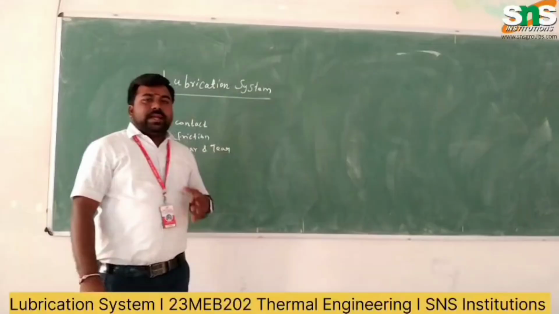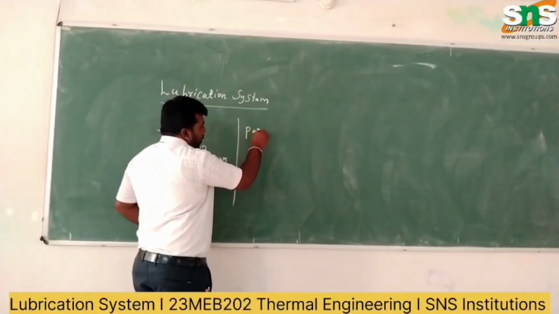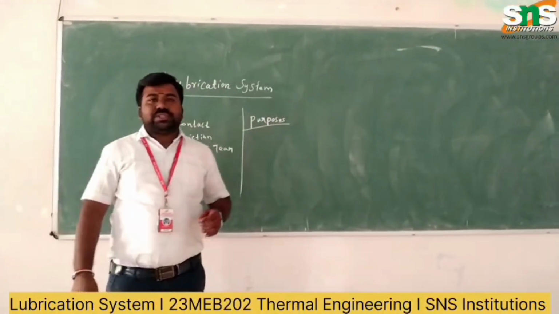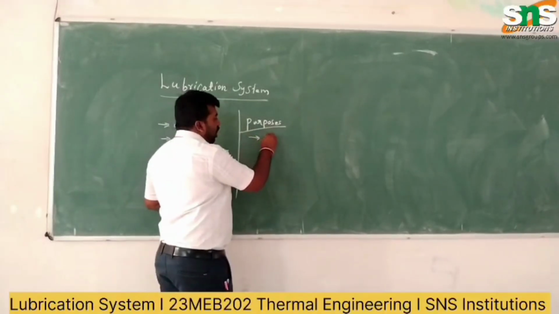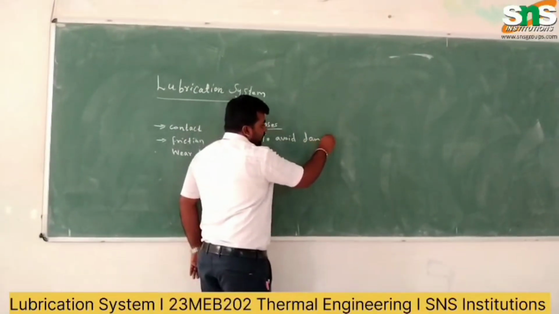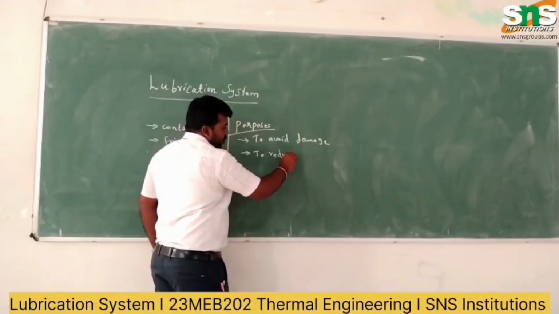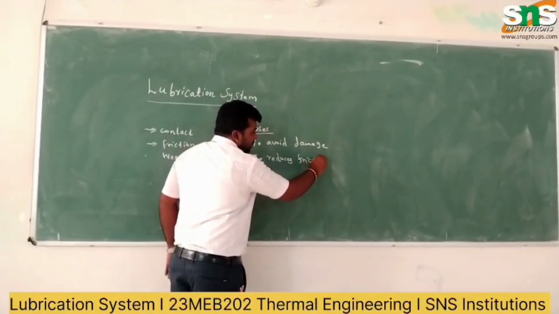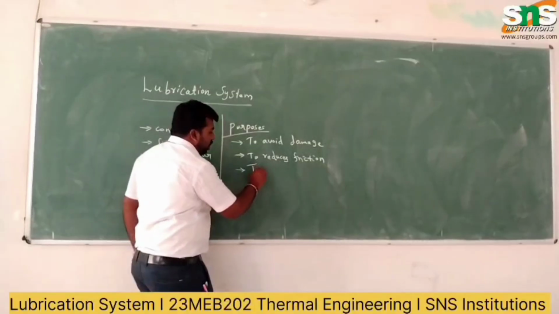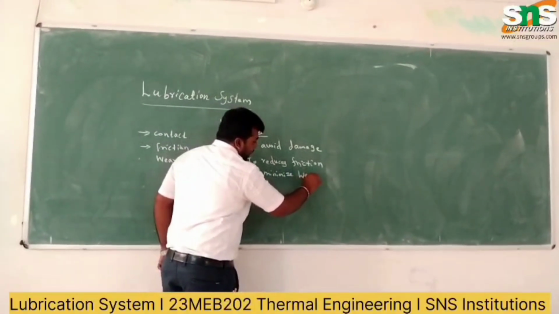Let us discuss in detail the purposes of the lubrication system. There are major purposes. The lubrication is used in IC engines to avoid damage of moving parts as well as to reduce the friction between the moving parts, and to minimize wear and tear.